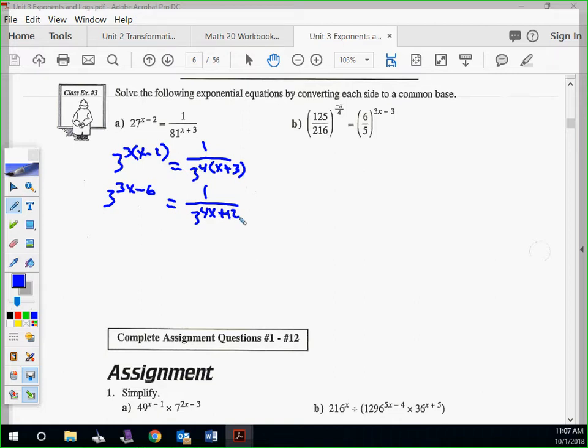So what am I going to do now? So yeah, we're going to make this whole thing negative and move it up. So we're going to go 3 to the 3x minus 6 equals 3 to the negative 4x plus 12. I just put the negative in front. We can distribute in a little bit.